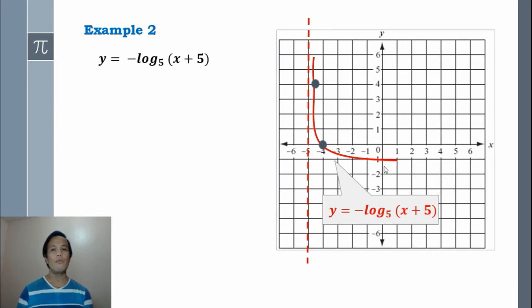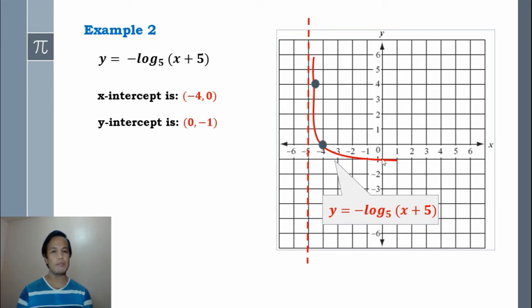This time, we now have the y-intercept. The graph intersects the point (0, negative 1). So if we are to identify the x-intercept of this graph, we will have the x-intercept at (negative 4, 0), this point here. And the y-intercept is (0, negative 1), this point here.